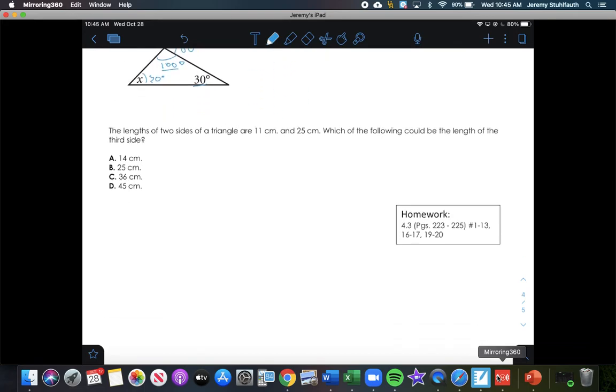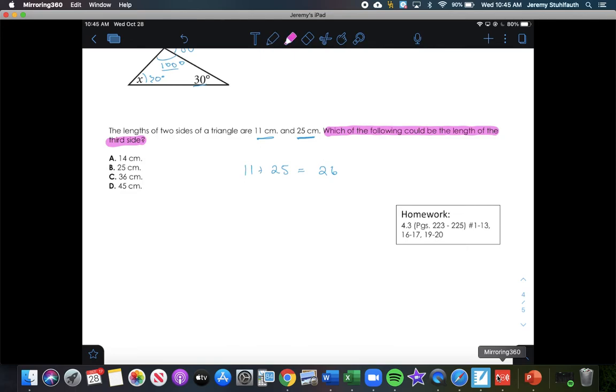Down in this next question, it says the lengths of two sides of a triangle are 11 centimeters and 25 centimeters. Which of the following could be the length of the third side? So remember, we know that when we add two sides together, they have to be longer than the third side.